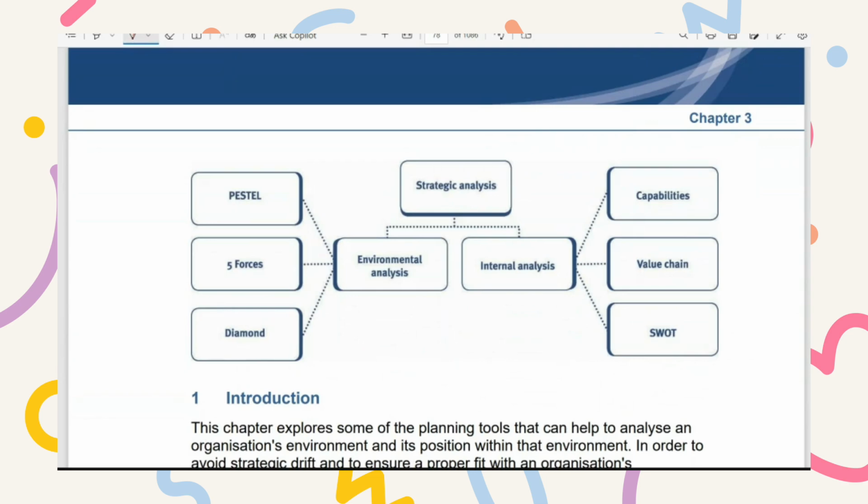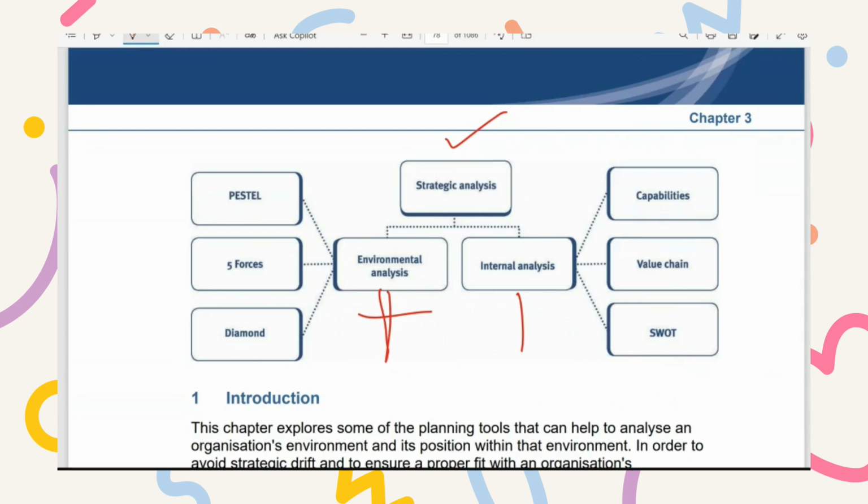For the strategic analysis of a business, from an exam point of view or a theory point of view, keep in mind the business environment. The strategic analysis will be divided into environmental analysis and internal analysis.